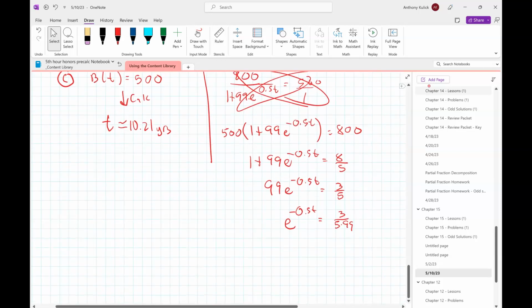Next thing I've got to do is get rid of that exponent base of e. To do that, what do I need to use? A logarithm, specifically the natural log, because natural log is log base e. So I'll do that to both sides.